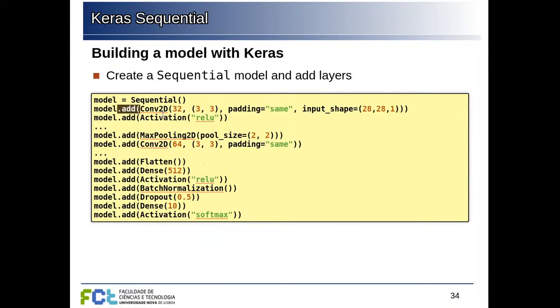For example, if you want to add a 2-dimensional convolutional layer, you can specify the number of filters, so the number of feature maps that it will output, and the dimensions of the kernel. This will be 3x3, the kernel size. You can specify the padding. I'm using the same padding; same in this case in Keras means preserving the same dimension on the output.